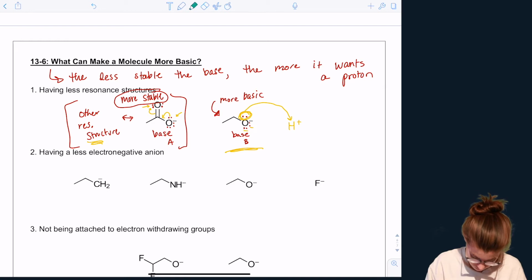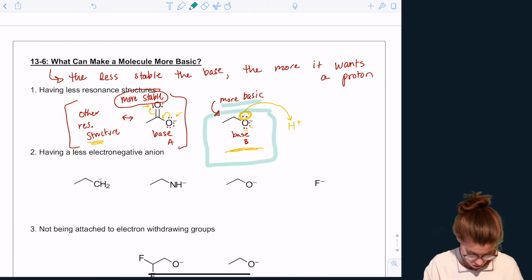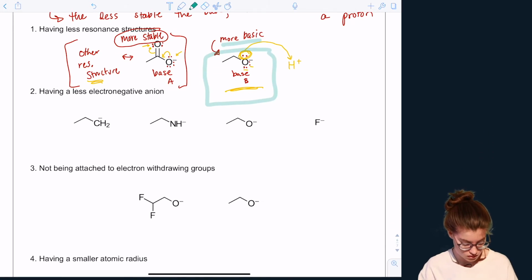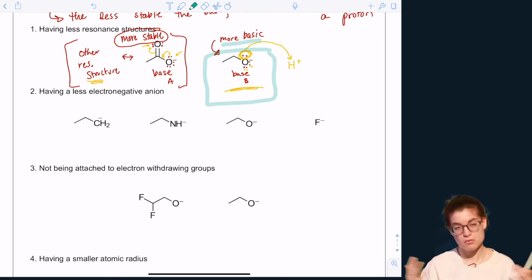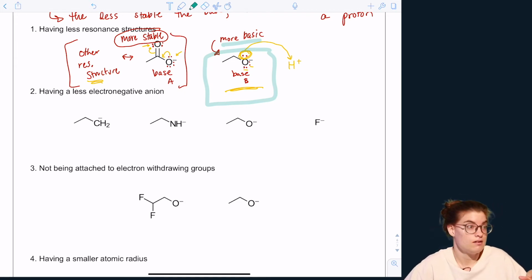Okay, so let's look at this. Okay, so again, there's two ways we can think about it. We can kind of think about it in terms of stability, which of course I love doing that, where again, the less stable the molecule is, the more it's like, I'm freaking out, I hate this, what can I do to become more stable?